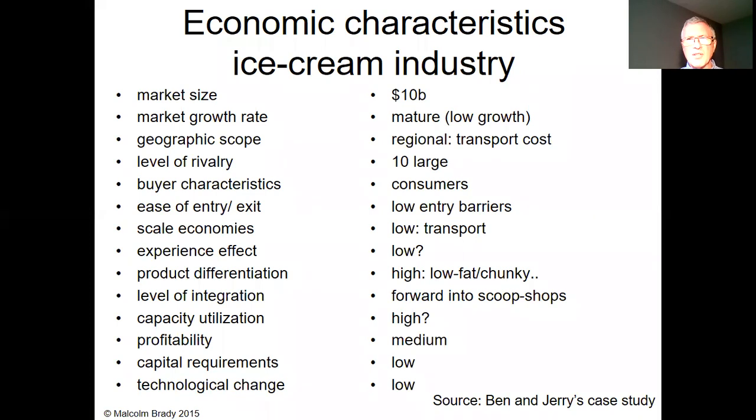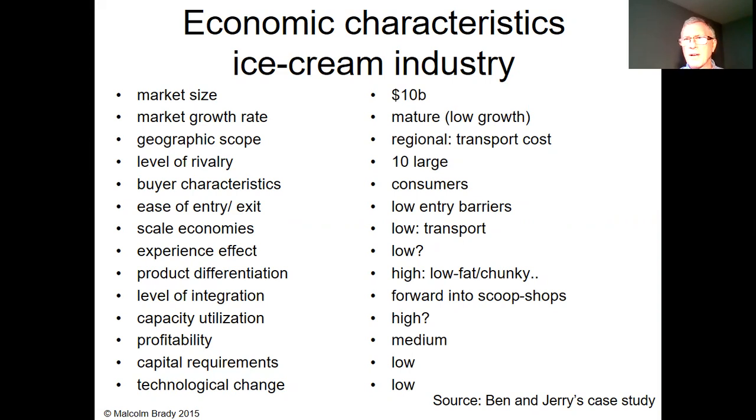Scale economies and experience effects I'm going to come to in a few minutes, so I won't say any more about that. The level of product differentiation. In other words, is the industry largely selling a fairly standardized product, or are the products very different to each other? In this case, there's a reasonable level of differentiation: low-fat products, chunky products, products with fruit mixed in, and so on. So there's a lot of differentiation.